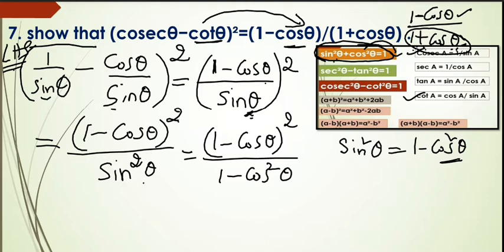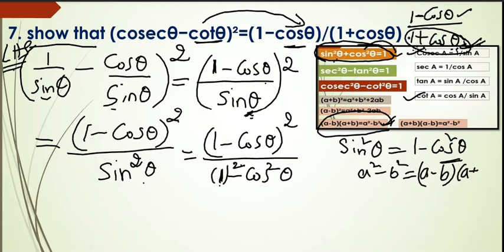But observe that we have to get 1 plus cos theta in the denominator. So cos square theta is here, and 1 can be written as 1 square. So now it is in the form of a square minus b square. Observe this algebraic identity: when the a square minus b square format is there, we can write a minus b into a plus b. So this we can split.